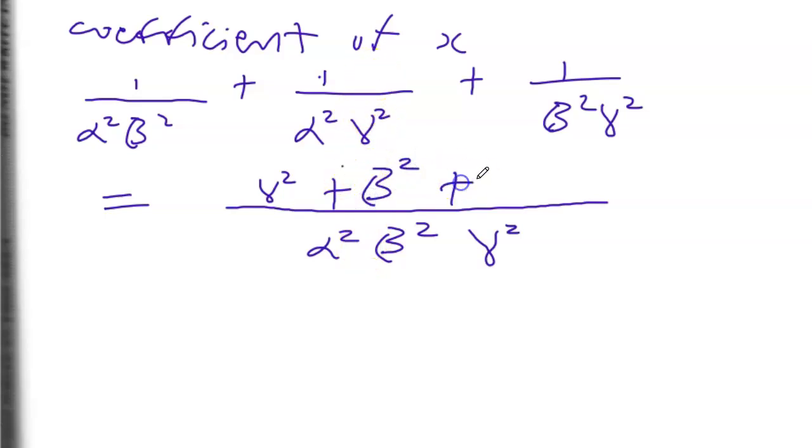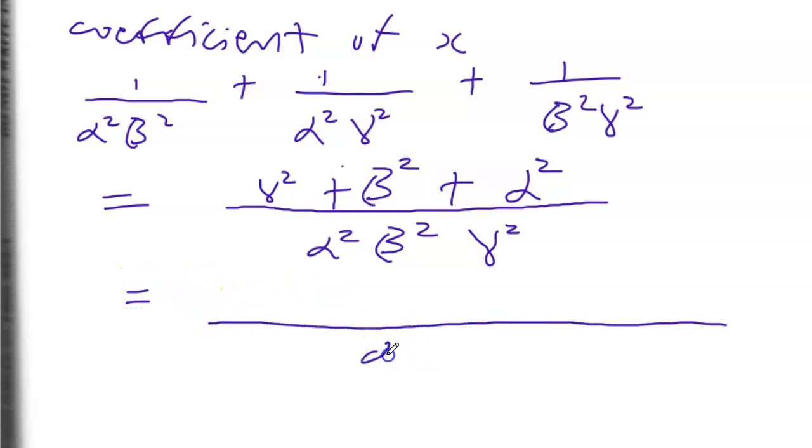And then to get this one to have the denominator, we multiply by alpha square, top and bottom. Now the denominator can be written as alpha beta gamma, all square, since all terms are square.